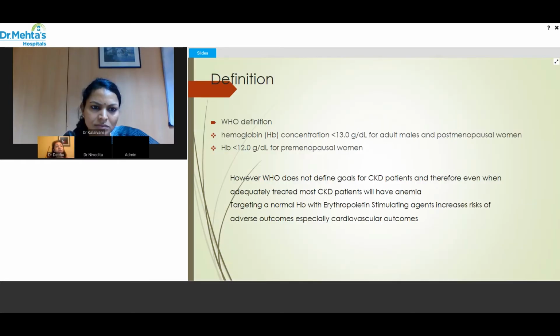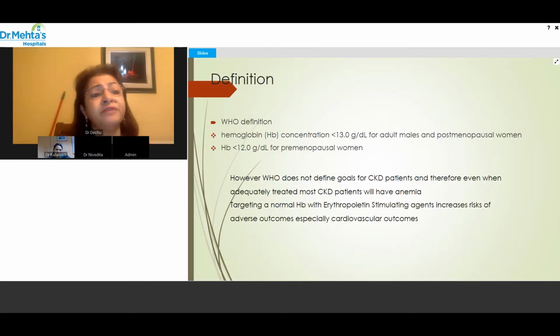Okay, so the WHO definition of anemia itself is when the hemoglobin concentration is less than 13 for adult males and postmenopausal women, because they are expected to have a higher hemoglobin. It's hemoglobin less than 12 for premenopausal women.